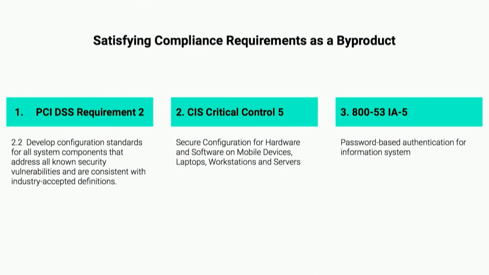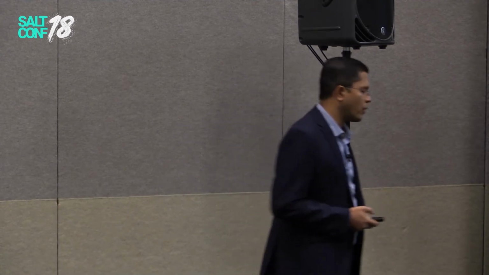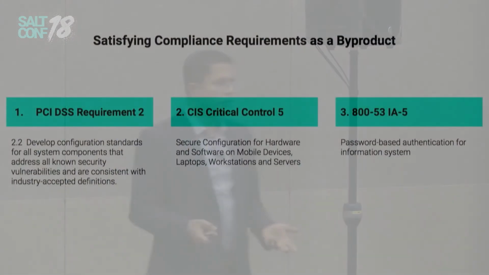So just because you just did some due diligence on this, you also satisfied PCI requirements for this deployment. If you have ever read the CIS controls, the critical controls, section 5 of that talks about having secure configurations for your workstations and servers and so on and so forth. And finally, 800-53 specifically calls out for having password authentication for your information system.